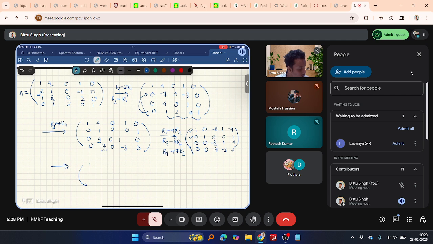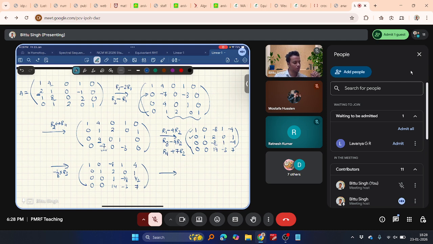The first two rows are fixed: 1 0 minus 8 1 4, 0 1 2 0 1, and then the third row becomes 0 0 1, minus 1 by 8, minus 4 by minus 8, which is half, and this is also the same, 14 minus 3 7.